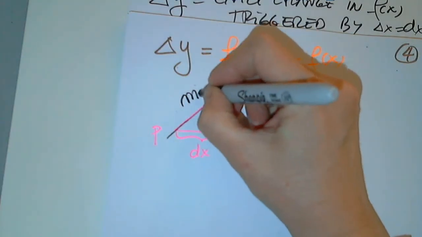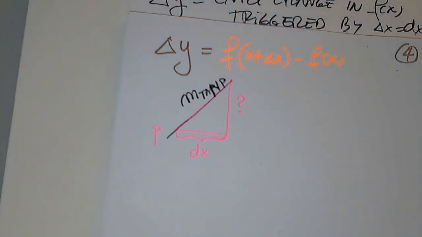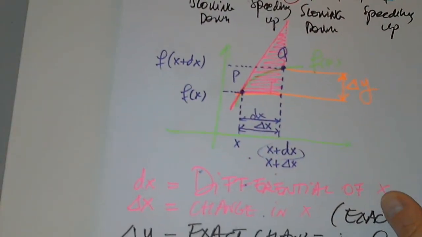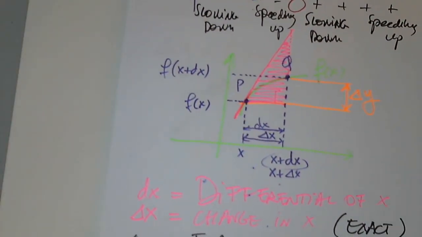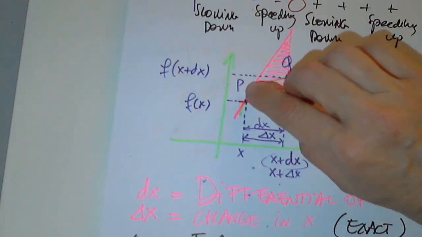I want to determine the slope of the tangent line at P. Can anyone give us the slope of the tangent line going through P? Question mark over dx. You're way ahead of me, which I love. I do love it. Okay, so can anyone tell us what is the slope of the tangent line? What does it equal to? The slope of the tangent line at P.